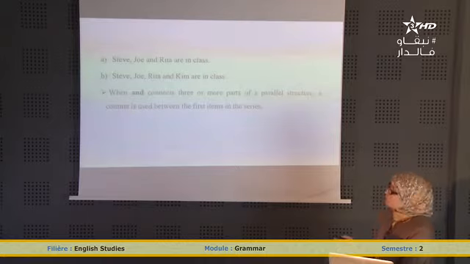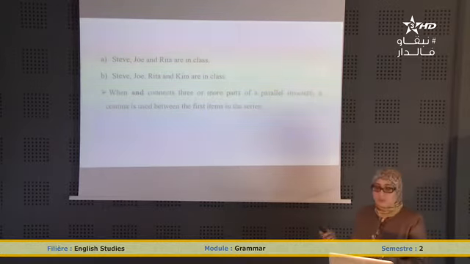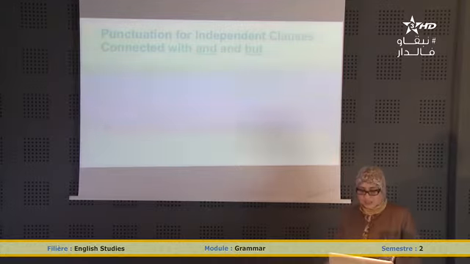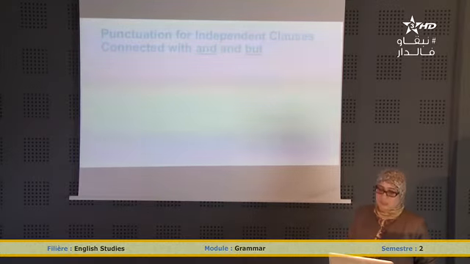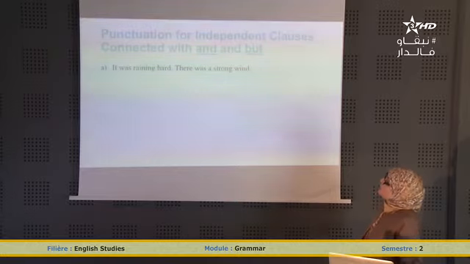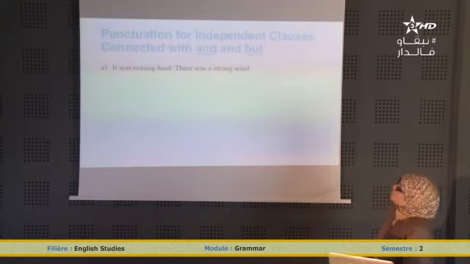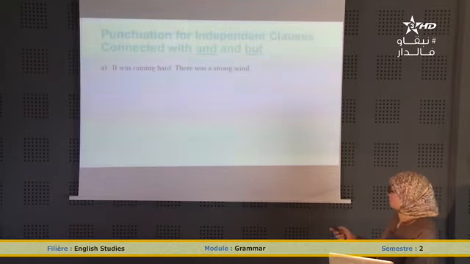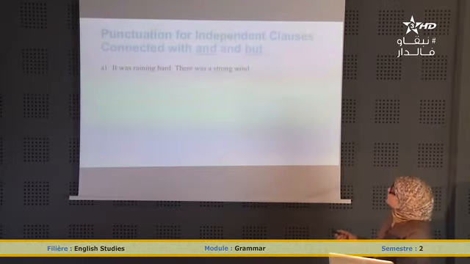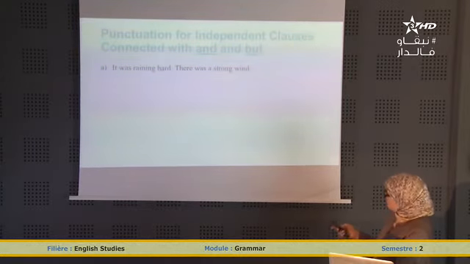Now, concerning punctuation, let's look at punctuation when we deal with independent clauses that are related or connected with and, but. Let's look at the first example. It was raining hard. There was a strong wind. As you can see here, these are two independent clauses that are not connected by any conjunction.